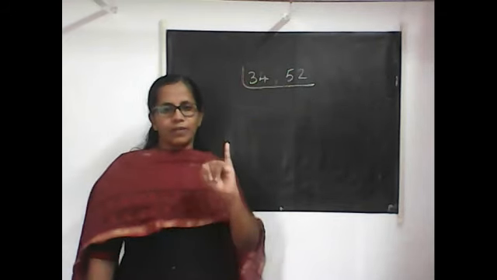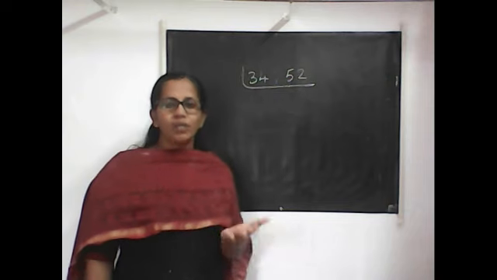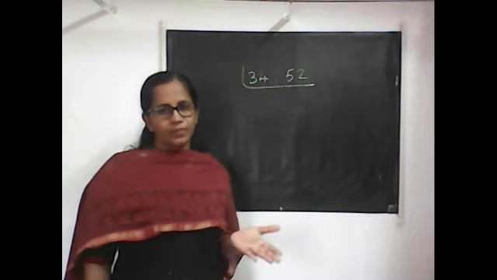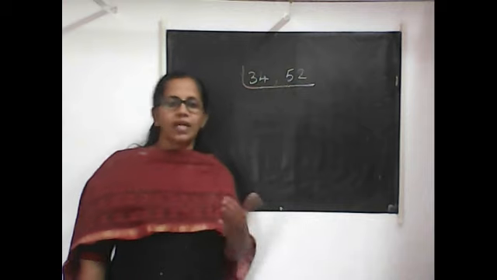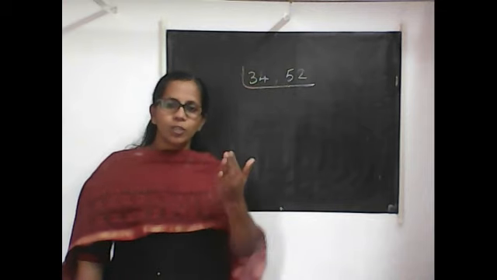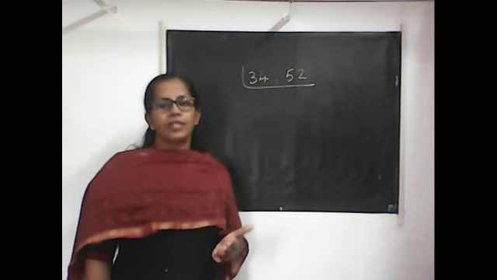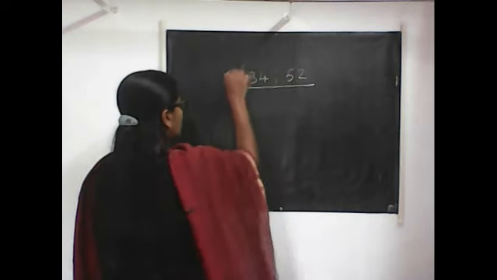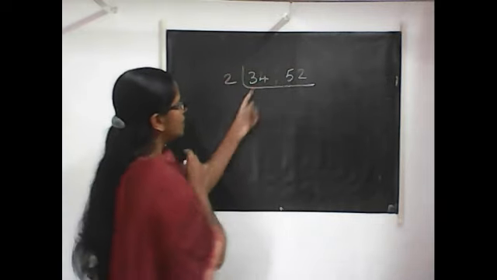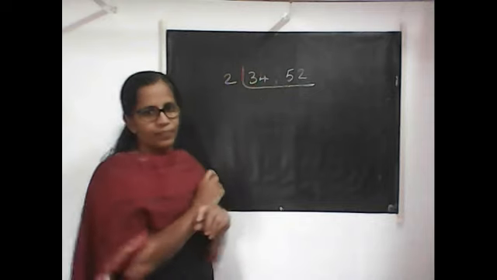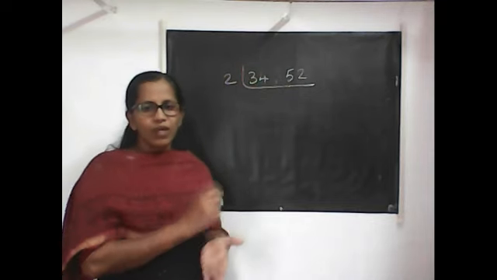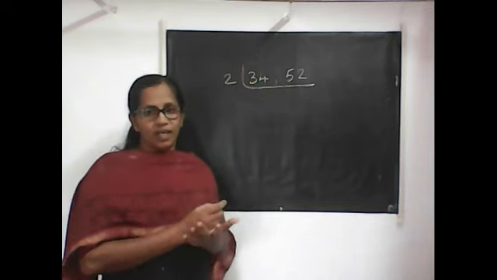By looking at this, we understood these are even numbers. That is the first step. Second step, which divisor can we use here? Since both numbers are even, we can use the smallest even number, that is 2. Divide these numbers by 2. Consider the first digit, 3. In 3, how many times can we take 2?